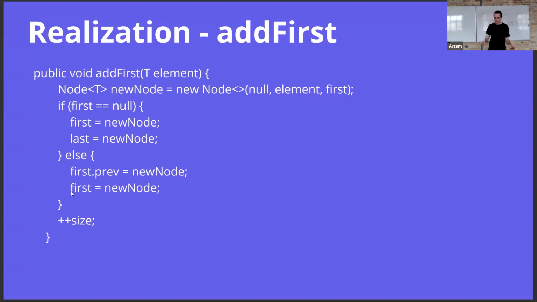What's the difference between plus plus when it's before variable and after variable? Only in order that compiler will assign this value. So in this example, there is no difference. We can say size plus plus, we can say plus plus size, there will be no difference.